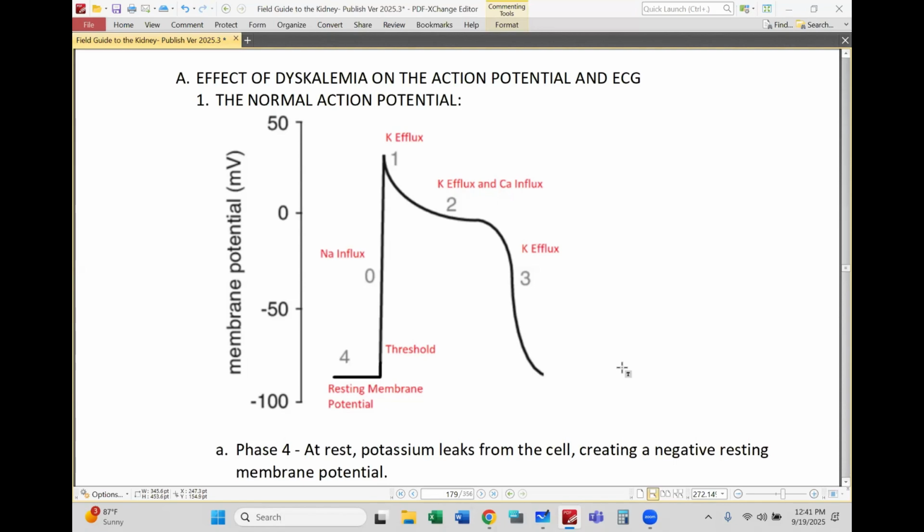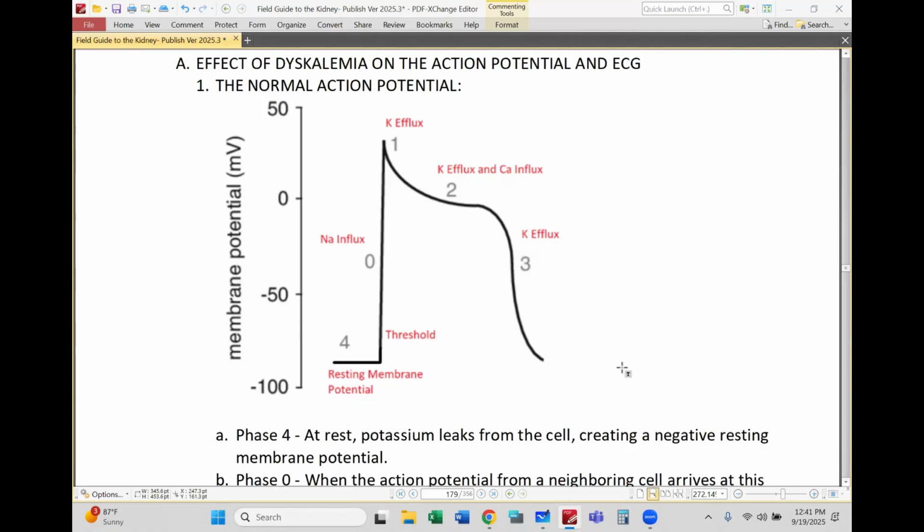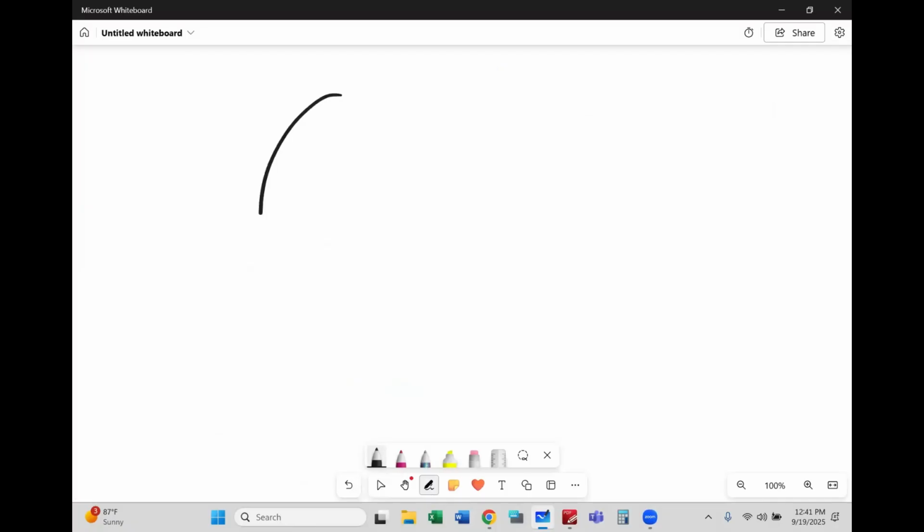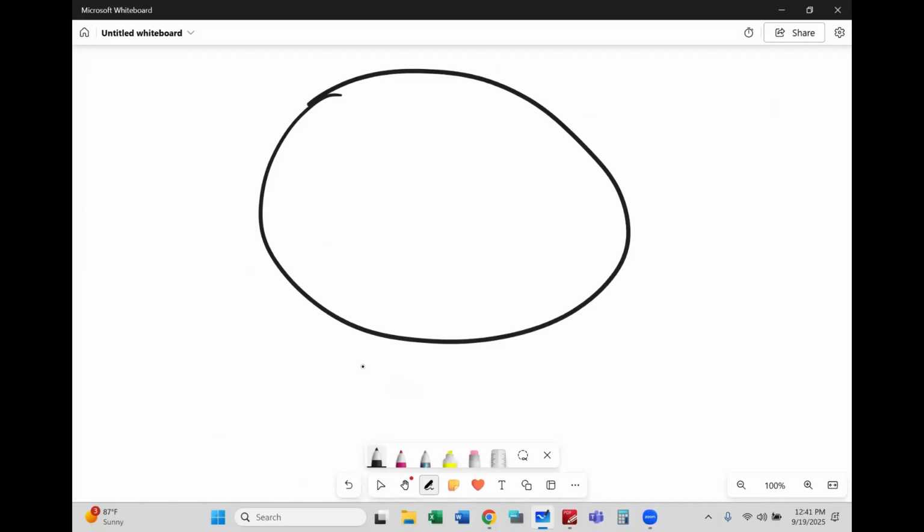Okay, so let's talk about the various phases of the action potential. You'll see on the y-axis is the resting membrane potential. You'll recall that this is established because there is at rest a large amount of K, somewhere around 100 to 120 millimoles of K in the cell, and fairly low amounts of K outside of the cell.